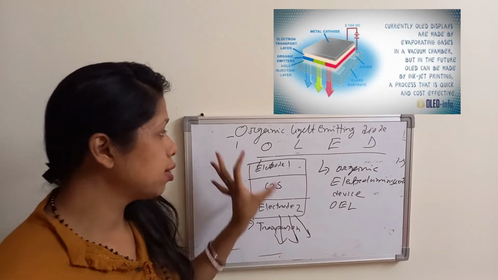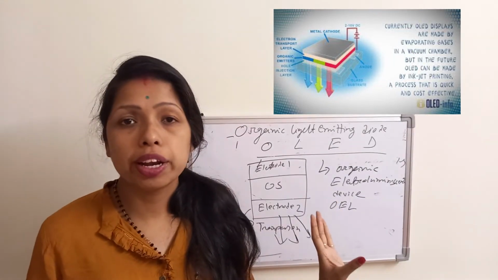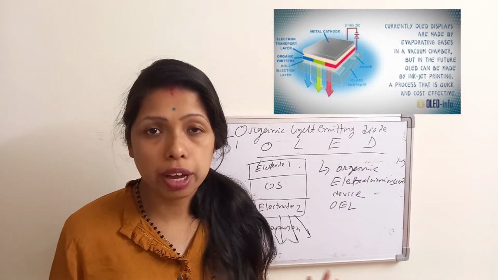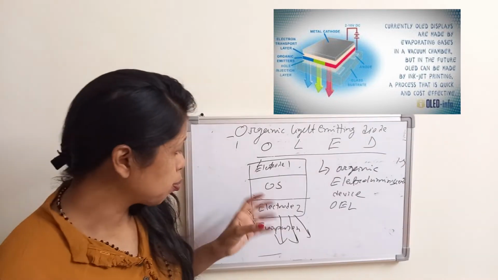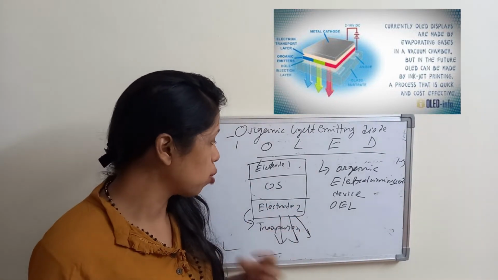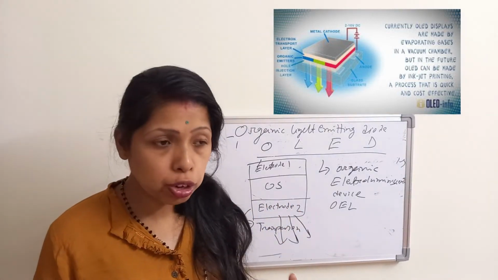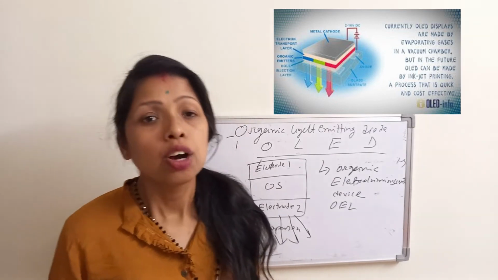Now, the working principle of the organic light emitting diode mainly depends on the light generating mechanism. That means the light should be emitted from this device, because I have told that the organic light emitting diode is used for lighting applications.